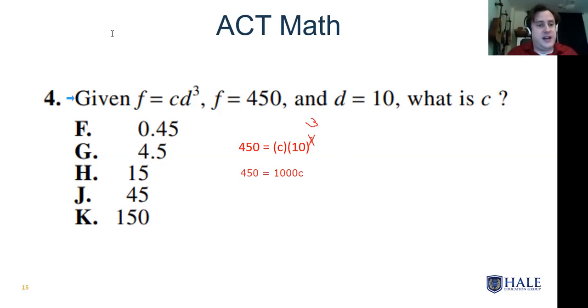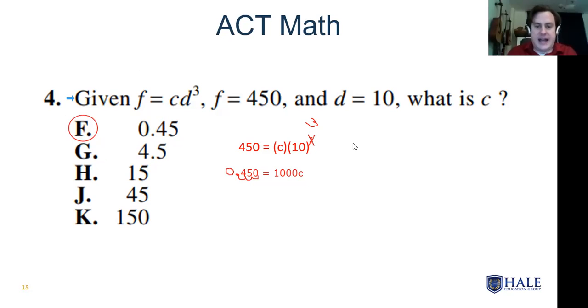Now, if we divide 1,000 to both sides of this equation, it means we have to move the decimal 3 times to the left. So the answer is going to be 0.450, which is answer choice F.